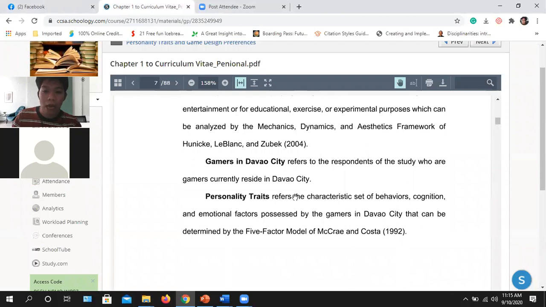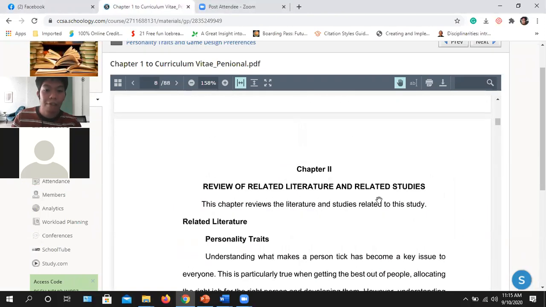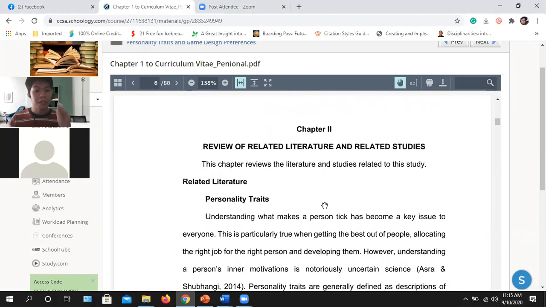So when it comes to the review of related literature, since the concepts of this study are personality traits and game design preferences, first you need to provide related literature about personality traits.